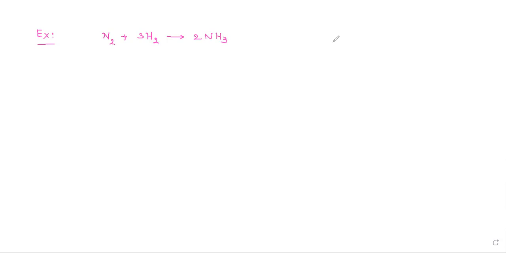Now, see in this case, the rate of disappearance of nitrogen can be given as minus d[N2]/dt, right?